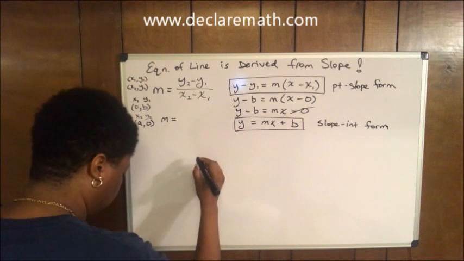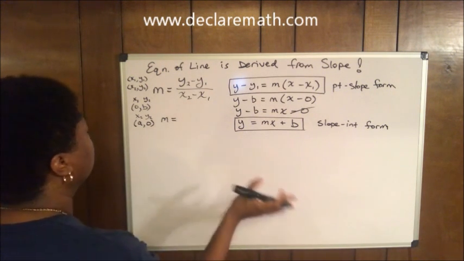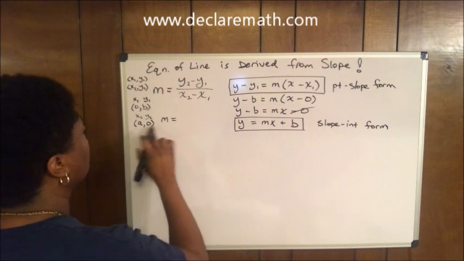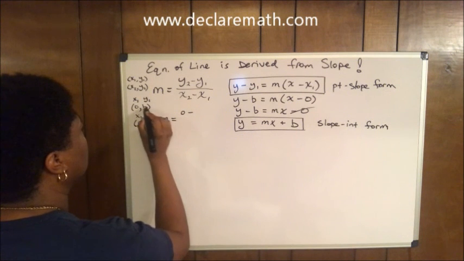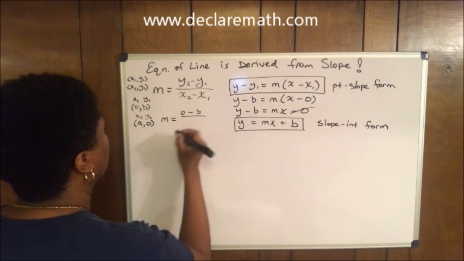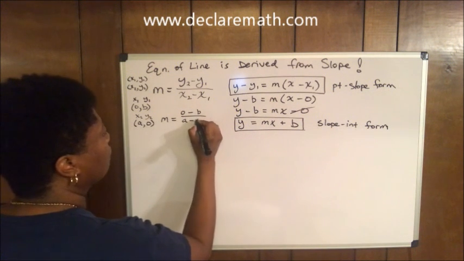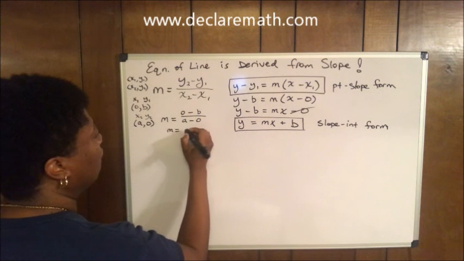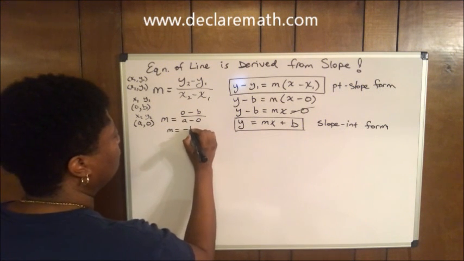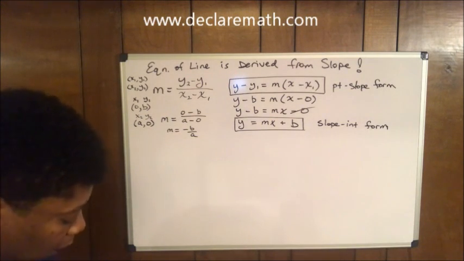Either way, it'll work out. So I'm gonna deviate from my notes, so don't laugh. So we have 0 minus b over a minus 0, and this reduces down to negative b over a.